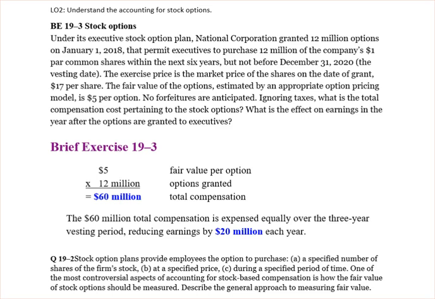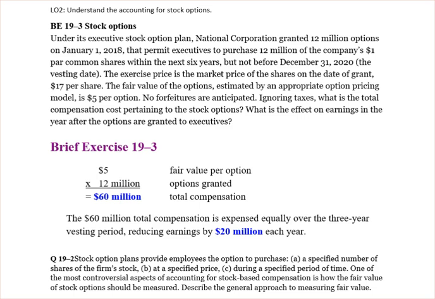So, but because of our time value of money, and we don't really know what the stock's value is going to be out there in the future, we have to use some sort of model that calculates it. And this is the Black-Scholes model. You can use other models. In 19.2, we'll discuss those.